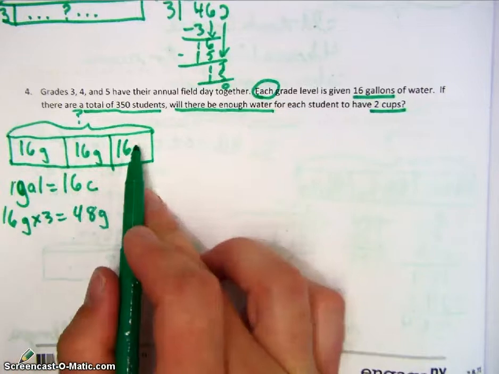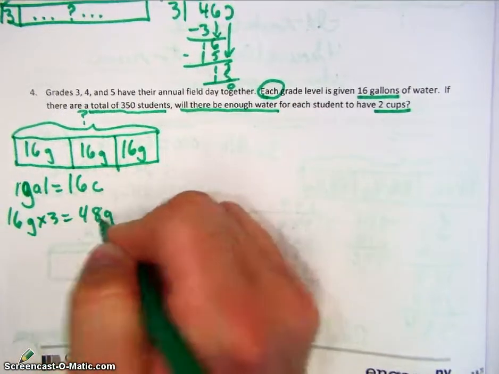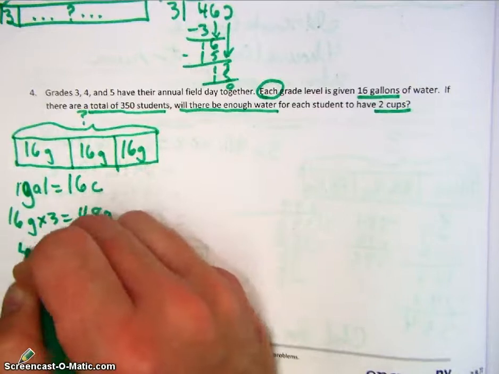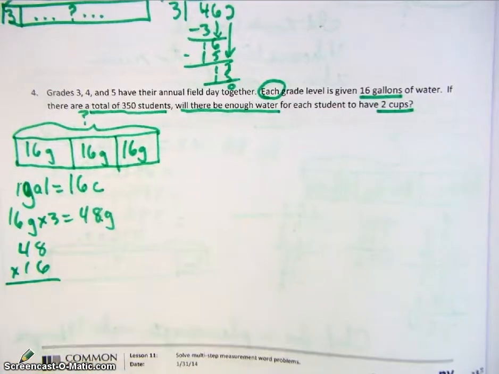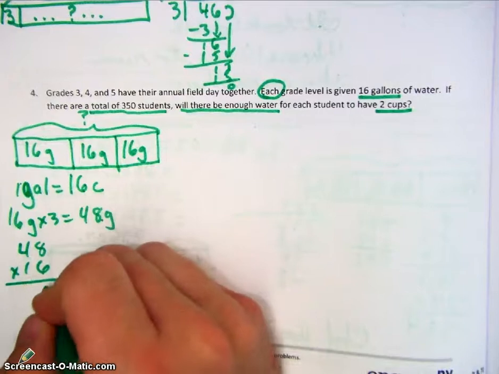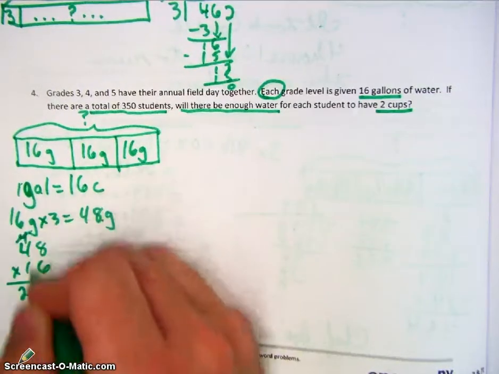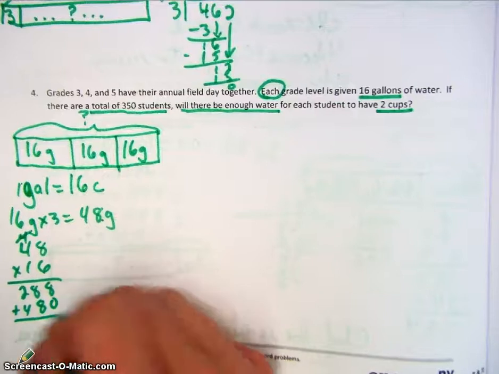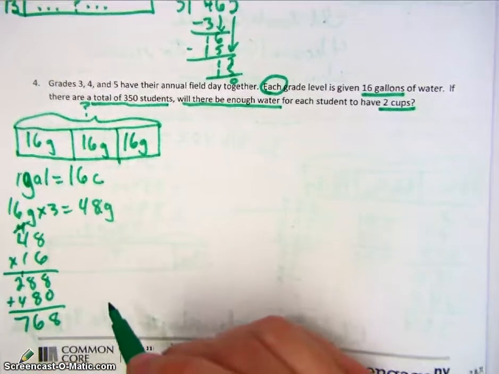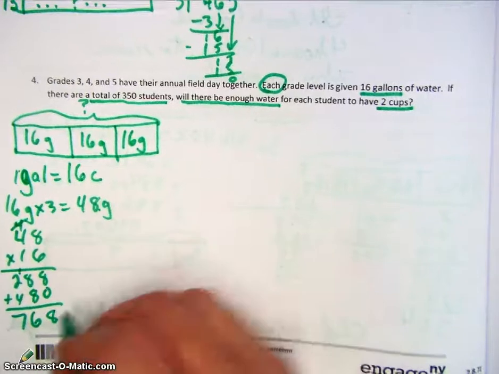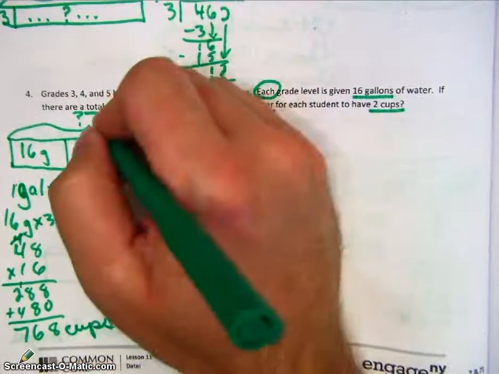So we have a total of 48 gallons here. So what we need to do now is take our 48 gallons times 16 cups to find out how many cups are in our 48 gallons. So we have a total of 768 cups. So that's our total now.